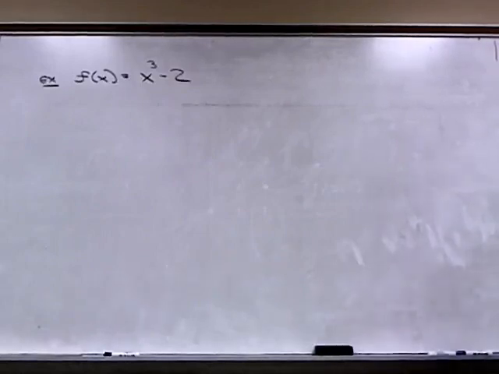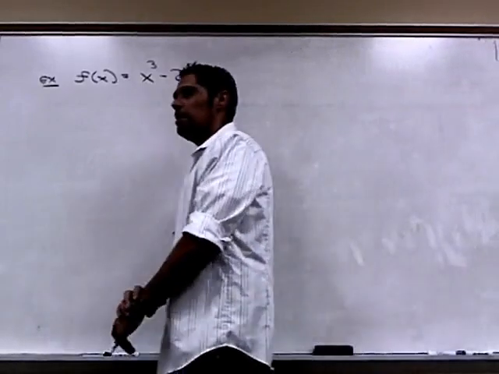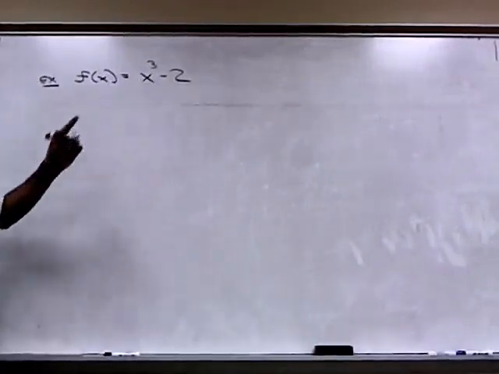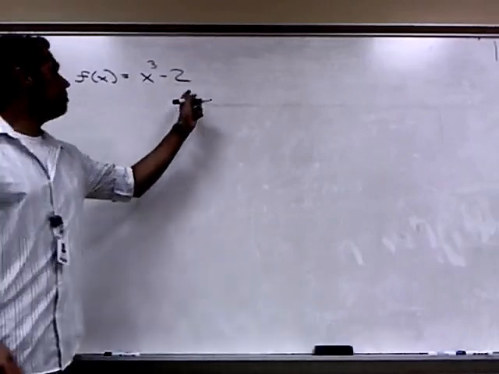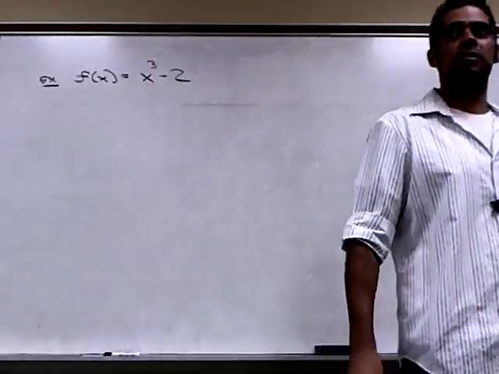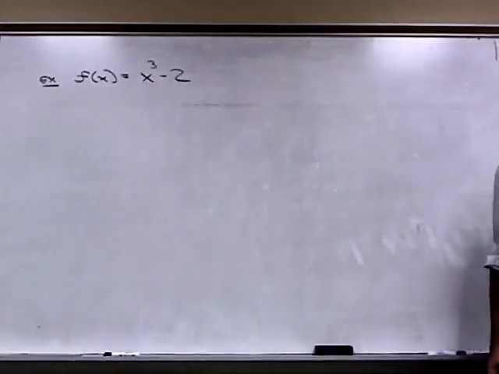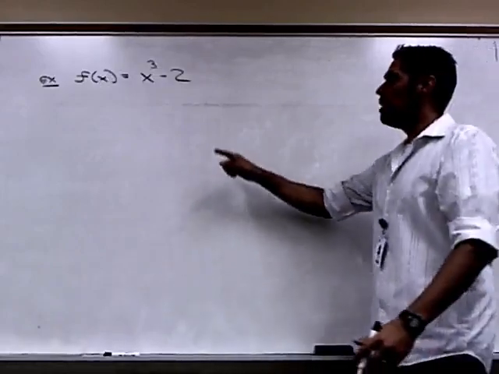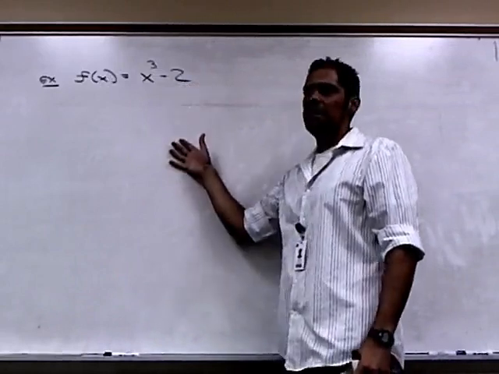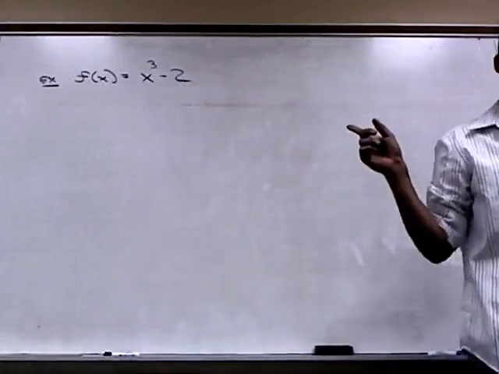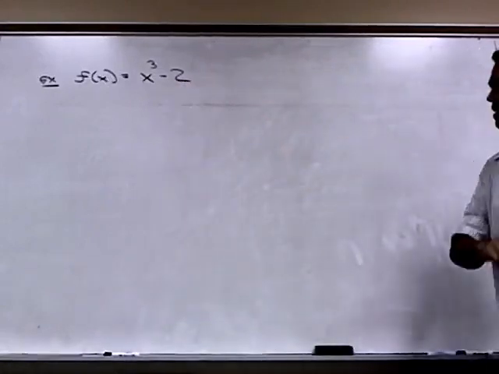Now let's see how much information you can recall that we've done this summer. Anybody know what that looks like? Was that one of our toolbox functions? X cubed was one of our toolbox functions. What does minus 2 do to our toolbox function? Moves the whole thing down 2. So we should be able to draw this, but let's not worry about that yet.